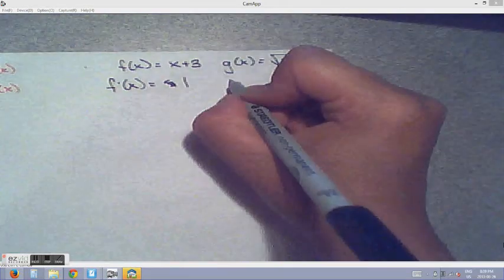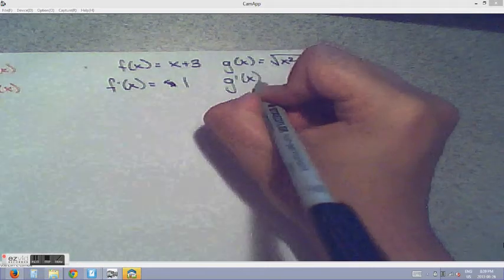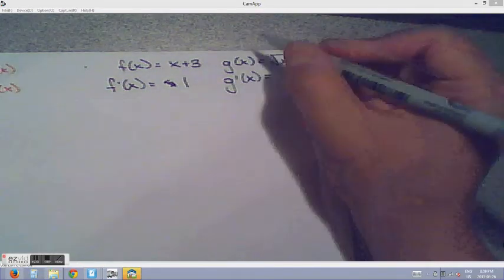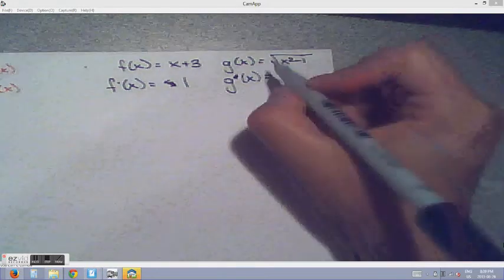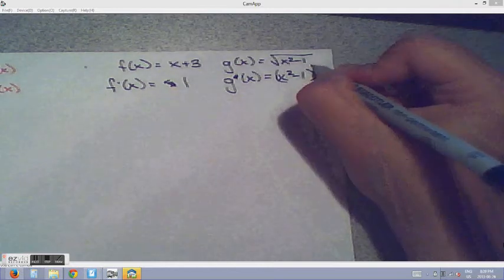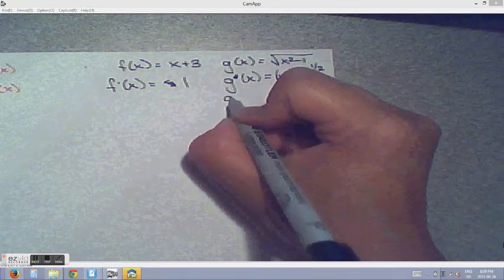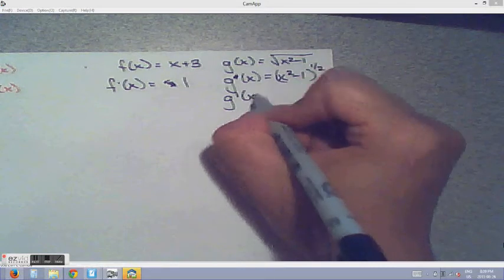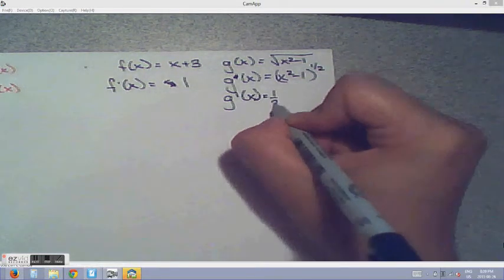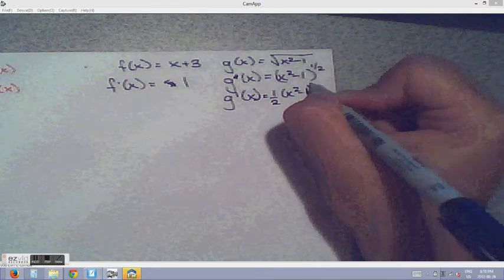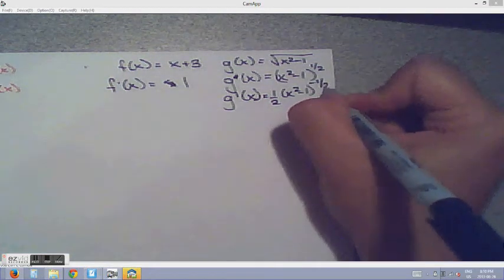G primed at x is going to be a chain rule, so let's just rewrite it again. X squared minus 1 to the exponent 1/2. So now let's use our chain rule. So g primed at x is equal to 1/2 x squared minus 1 to the exponent -1 over 2.